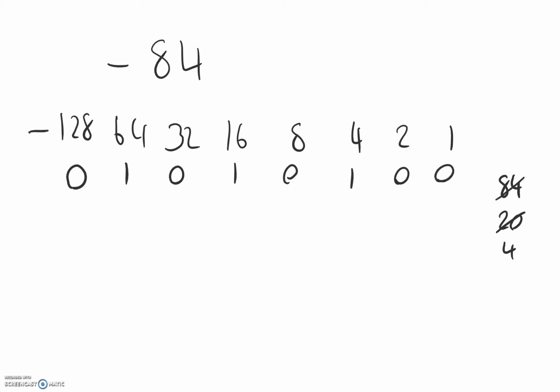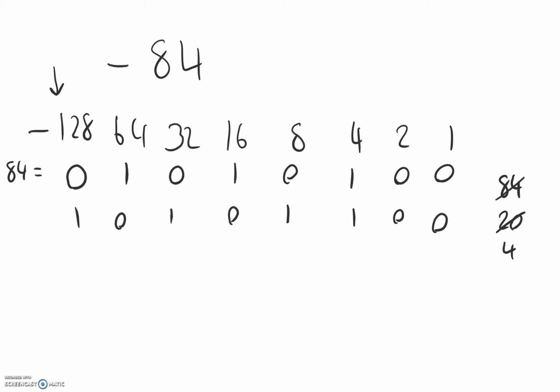So here is my positive version of 84 in a 2's complement number. That is still a 2's complement number because the most significant bit is negative. Using the 2's complement rule, up to and including the first one from the right hand side, I leave as is. Then every other bit I swap.